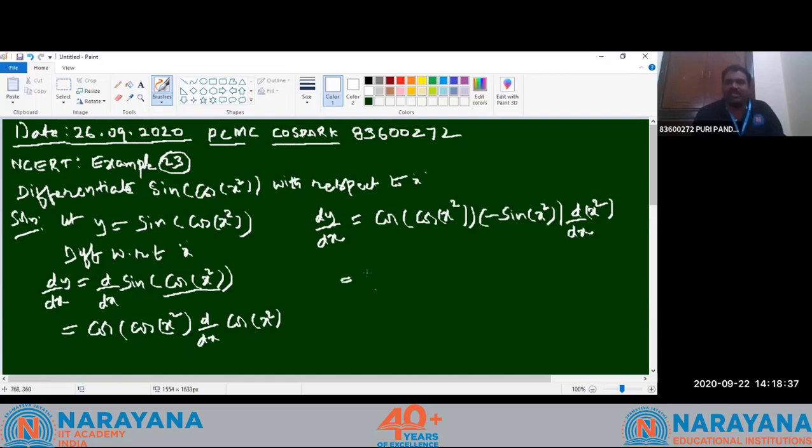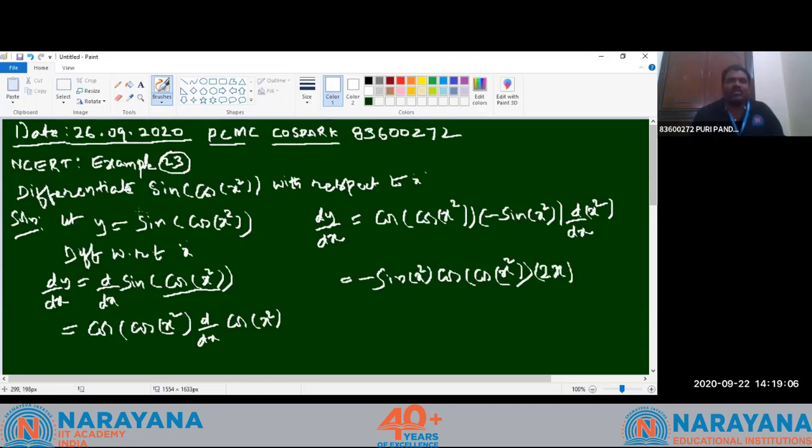So minus sin of x square into cos of x square into the derivative of x square. What is the derivative of x square? Exponent type: the exponent times x to the exponent minus 1, so the derivative of x square is 2x.